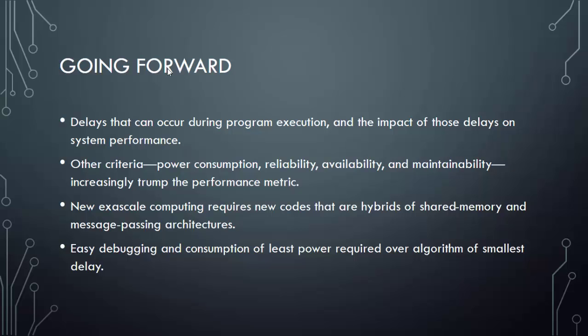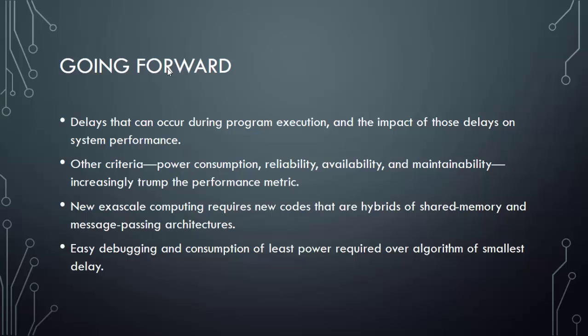Going forward, debate and research surrounding the various methods of concurrency control center on the delays that occur, a problem of execution, and the impact of those delays on system performance. However, other criteria like power consumption, reliability, availability, and maintainability increasingly trump the performance metric.